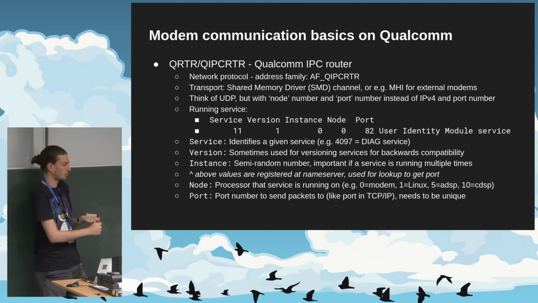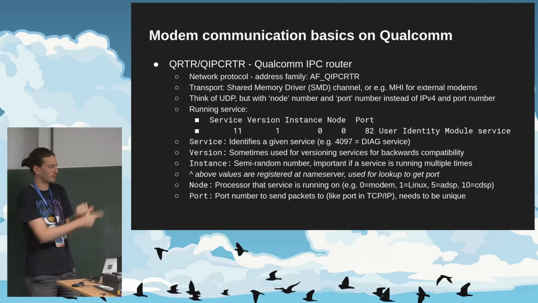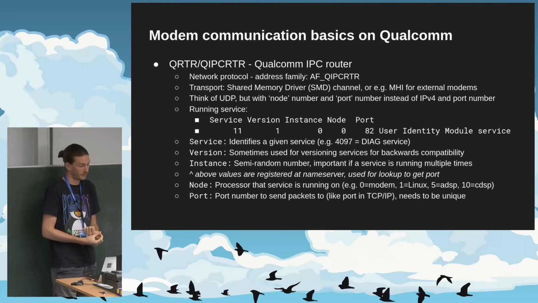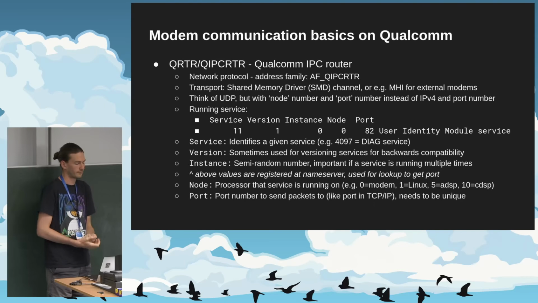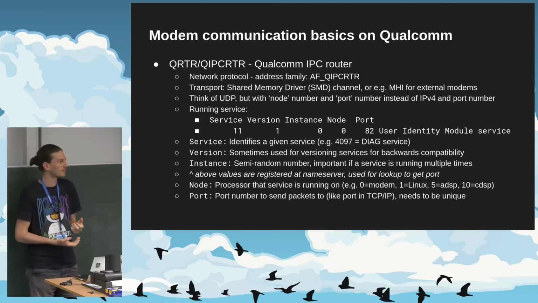So there's a service number, which is just identifying a service. For example, the number 4097 is a DIAG service, so for diagnostic purposes. There's a version number, which is sometimes used for versioning things. It doesn't seem to be used very consistently.